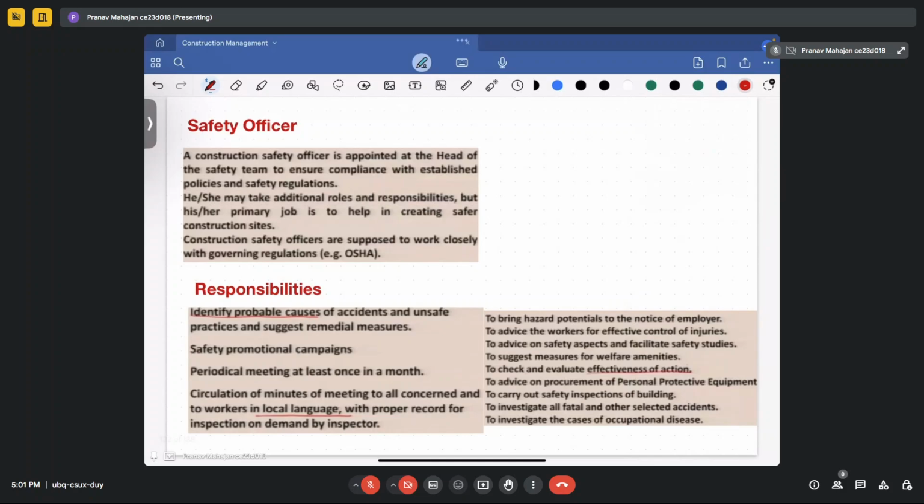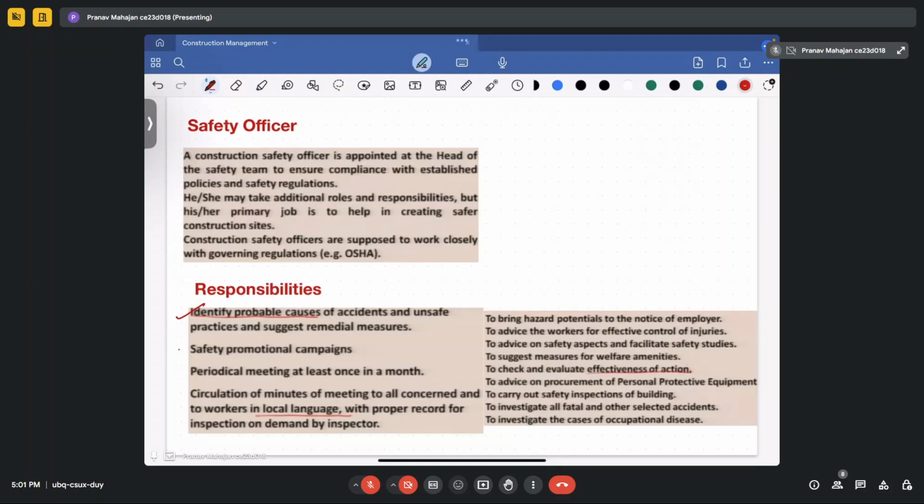He or she may take additional roles and responsibilities, but the main objective is to help in creating safer construction sites. Construction safety officers are supposed to follow all the rules and regulations provided in various safety manuals. One is OSHA. Okay, so what are the responsibilities of the safety officer? First is to identify the probable causes of accidents.